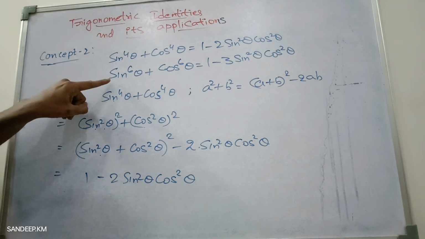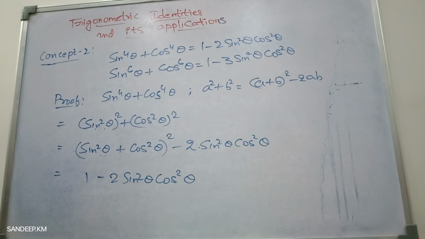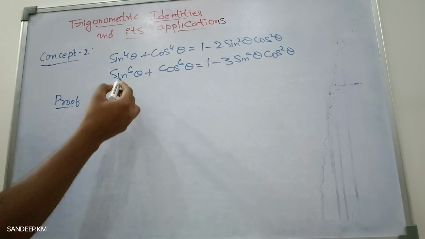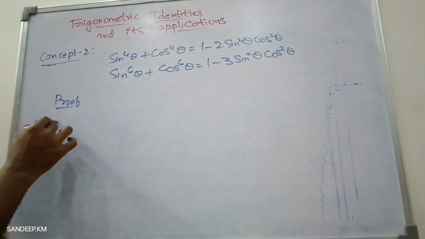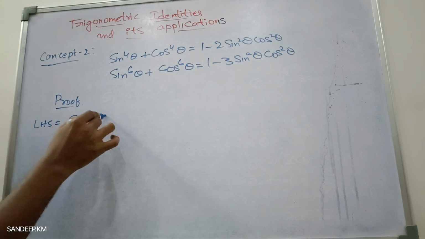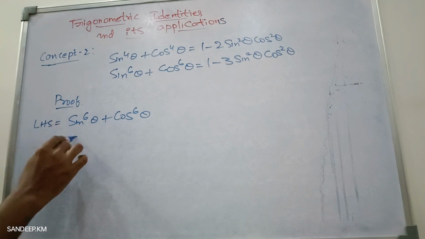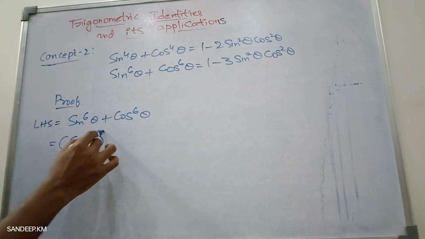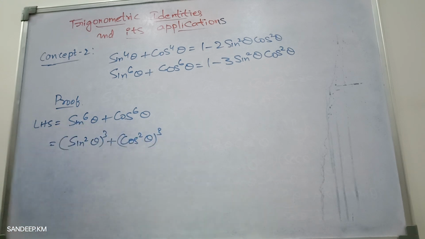Now let us see how to prove that sin power 6 theta plus cos power 6 theta is equal to this. To prove it, let me take the LHS, sin power 6 theta plus cos power 6 theta, and I can write sin power 6 theta as (sin square theta) whole cube and cos power 6 theta as (cos square theta) whole cube.